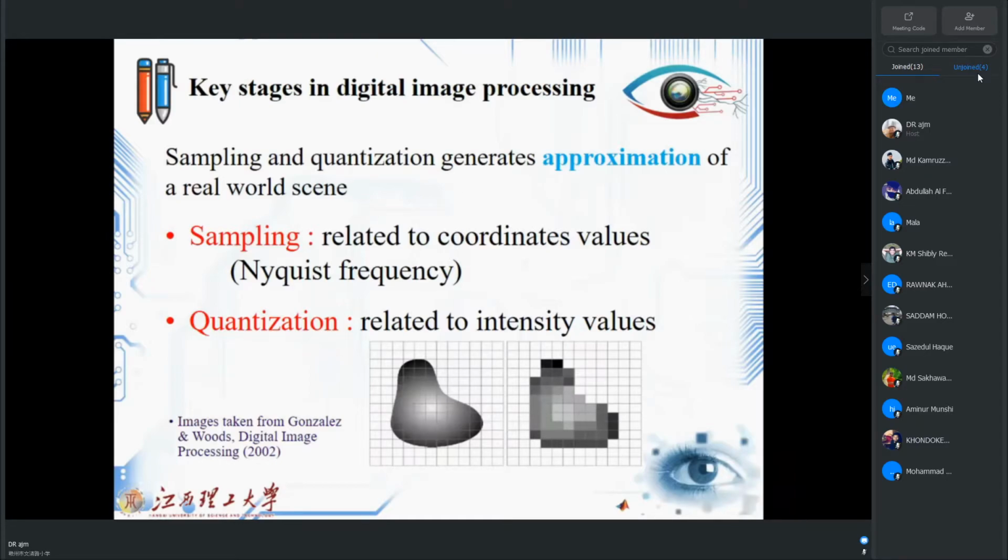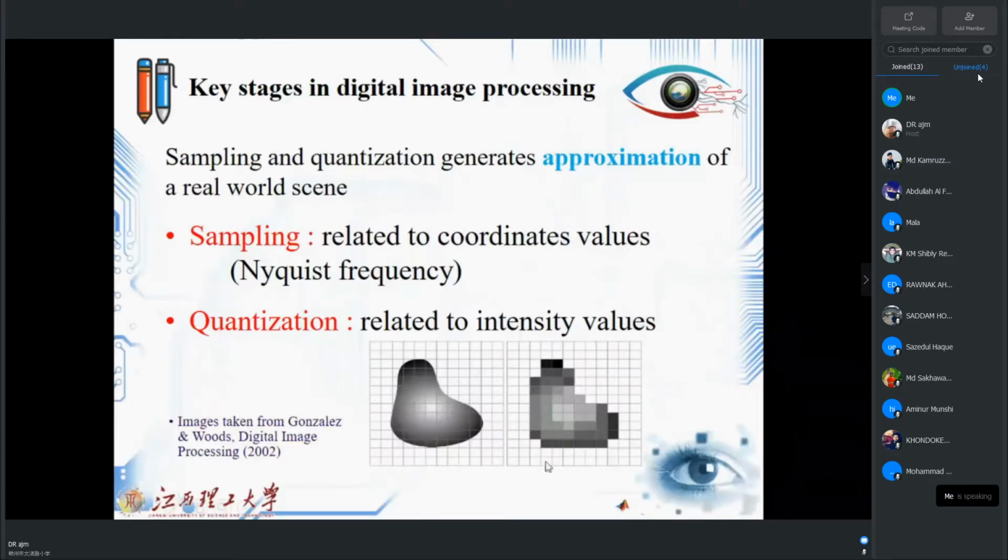We have some similarity between them, but the main thing is that with the help of these two words, we can see why the digital image is not the real image.